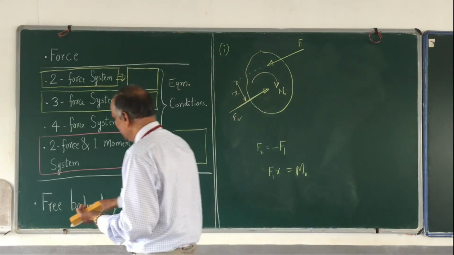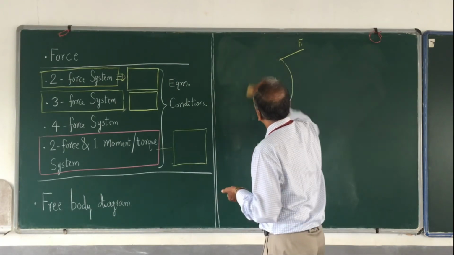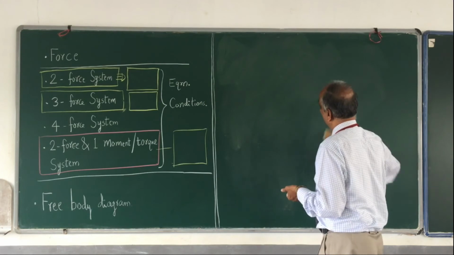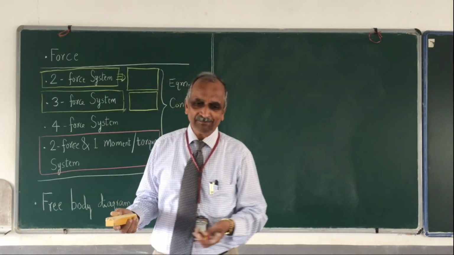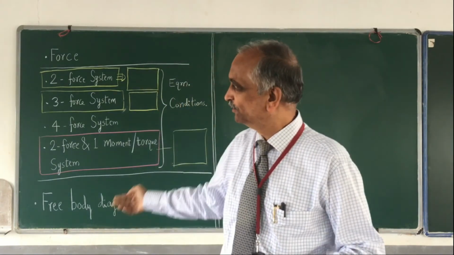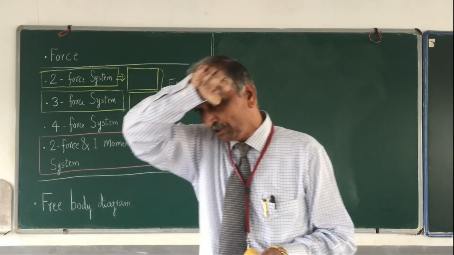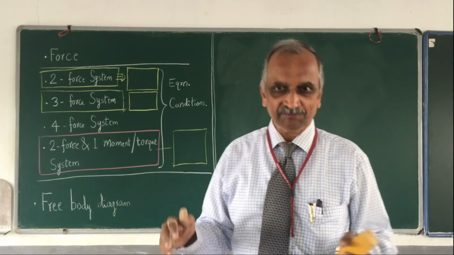Okay, the last point is what is called the free body diagram. Those who have attended my lectures anytime, I don't think you can miss this word, free body diagram. Free body diagram is used in mechanics of materials and in many other subjects also. What is a free body diagram? It is basically isolating.